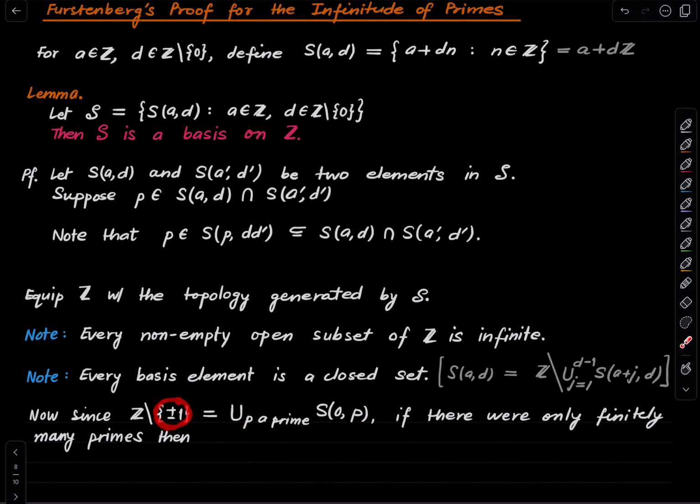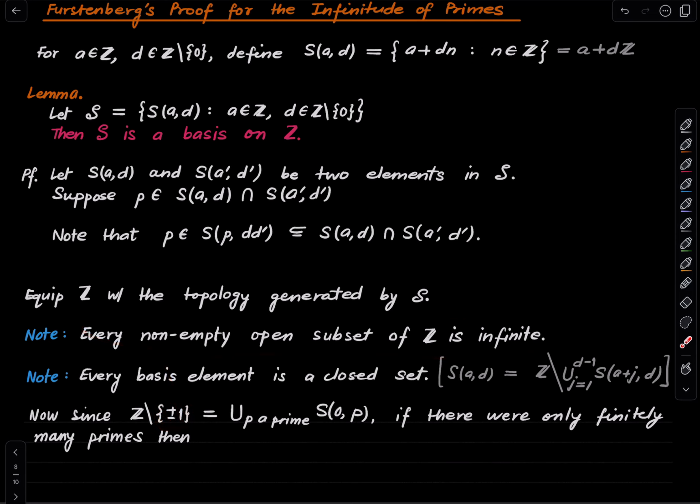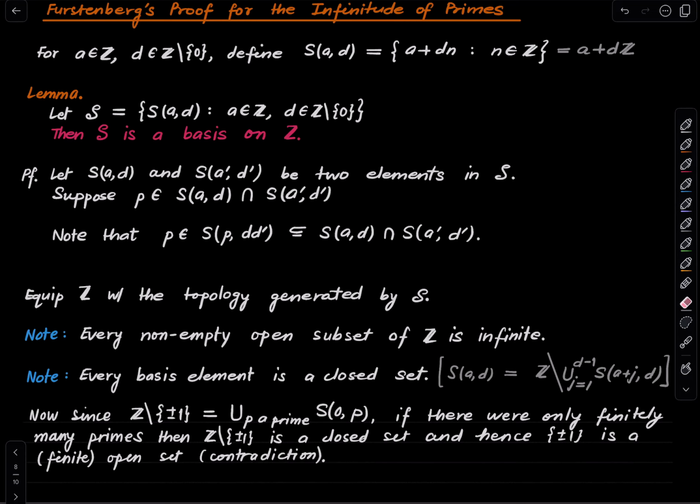But then this would become a finite open set, and there are no finite open sets. So that gives the contradiction. That is the argument. So if there were only finitely many primes, then this is a closed set, and hence this is a finite open set, which is a contradiction. That's it. So beautiful proof of the infinitude of primes.